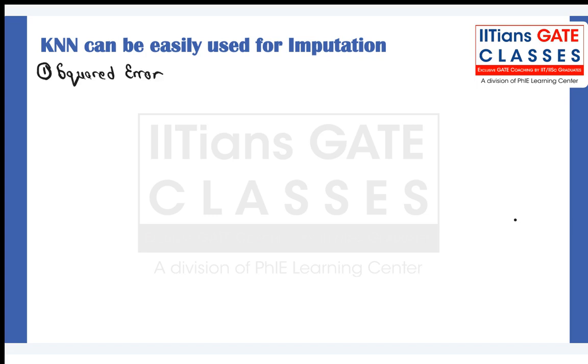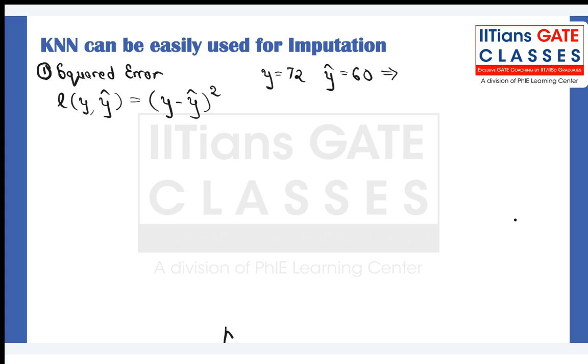Which means the squared error loss for a point y and its prediction, let's call it y cap, is nothing but y minus y cap whole square. So if the value of y is 72 and your model predicted 60, what is your squared loss? Can you calculate just to see if you guys are attentive?